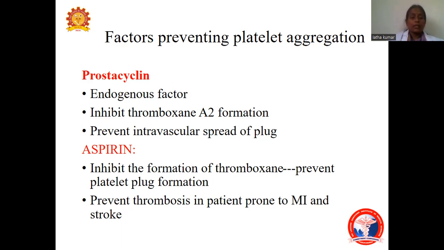Both prostacyclin and aspirin have the same mechanism of action. Prostacyclin is an endogenous factor. Both prostacyclin and aspirin inhibit thromboxane A2 formation, so that it prevents the intravascular spreading of platelet plaque.